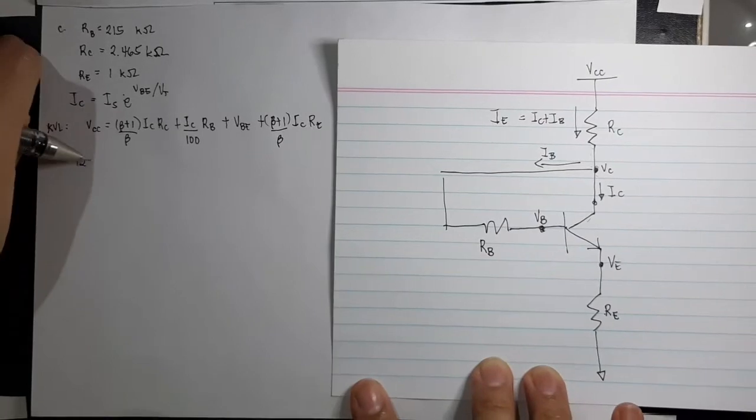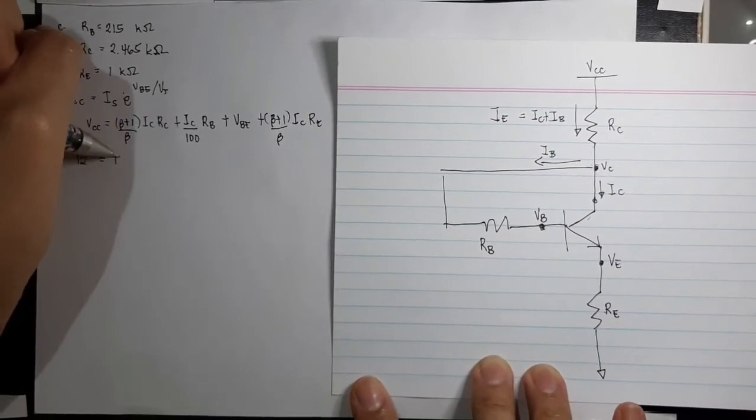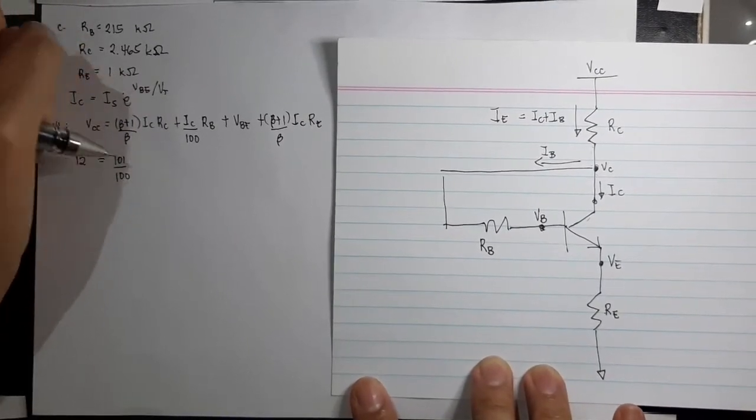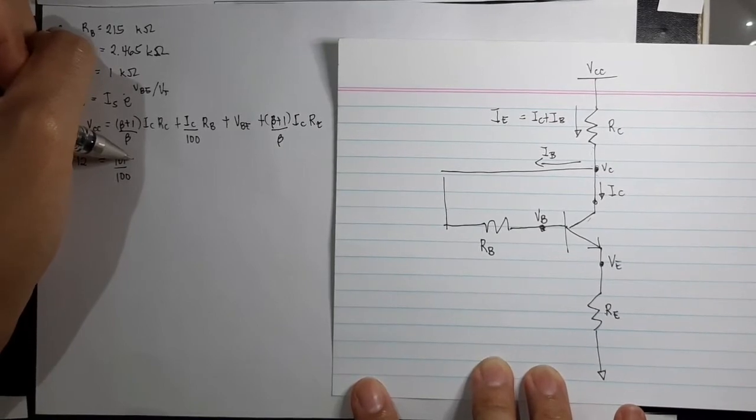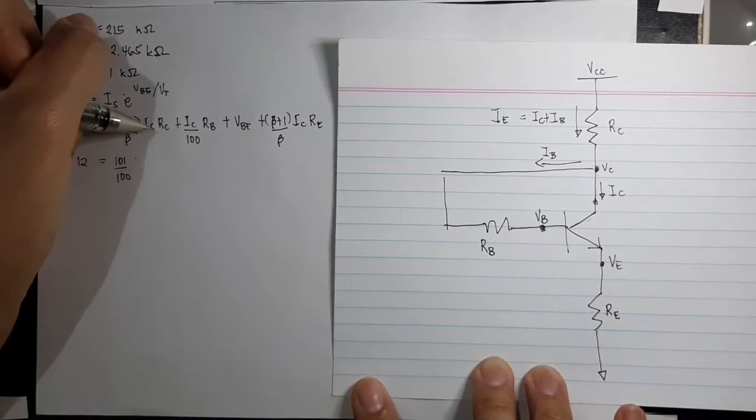Okay. Let me just substitute the known values. VCC is 12 volts equals 101 over 100 IC times RC.